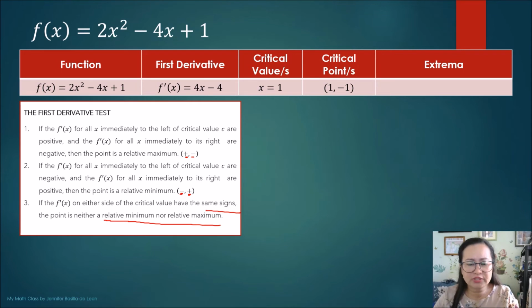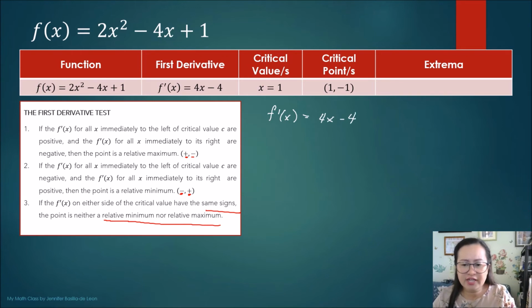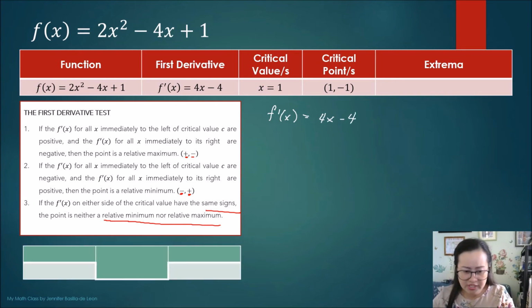We were able to get already the first derivative of the function, which is f prime of x equals 4x minus 4. Take note, the critical value is x equals 1. We get a number coming from its left, so probably we can consider x equals 0.